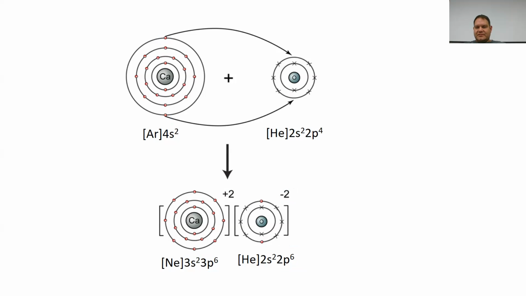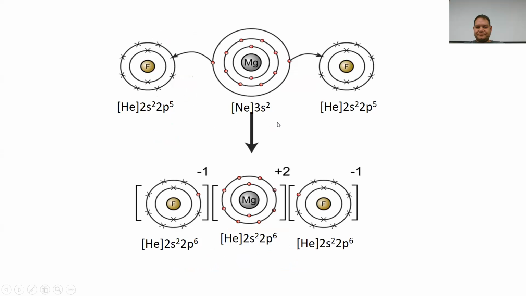All right, let's do one more example. We sort of did this already, but we're not using chlorine, we're using fluorine here. So magnesium, again, needs to lose 2 valence electrons to have a full shell. And so fluorine is nearby, and fluorine says, well, you know what?